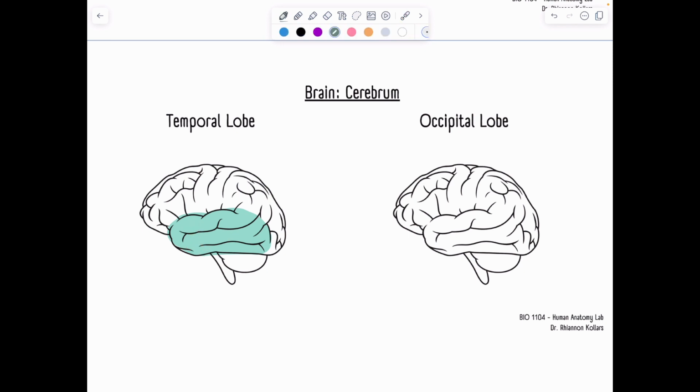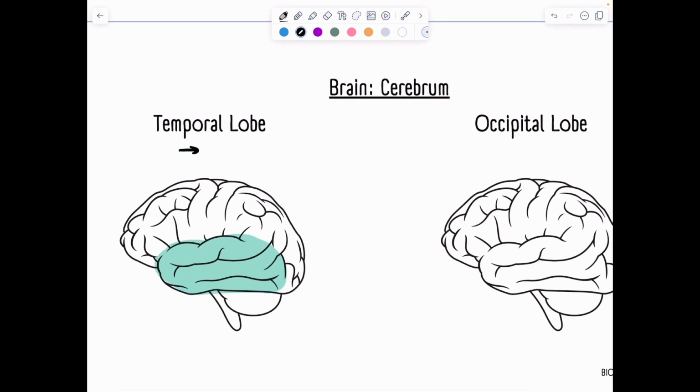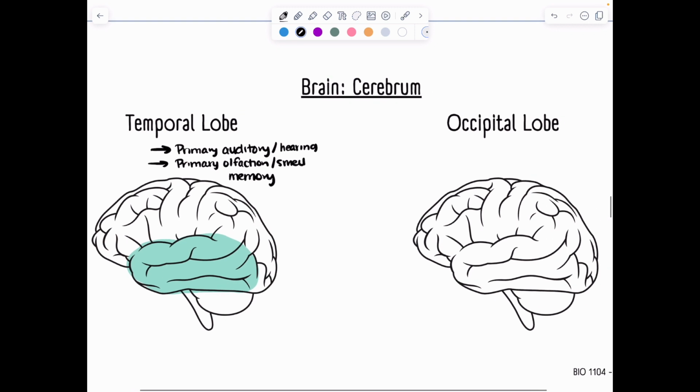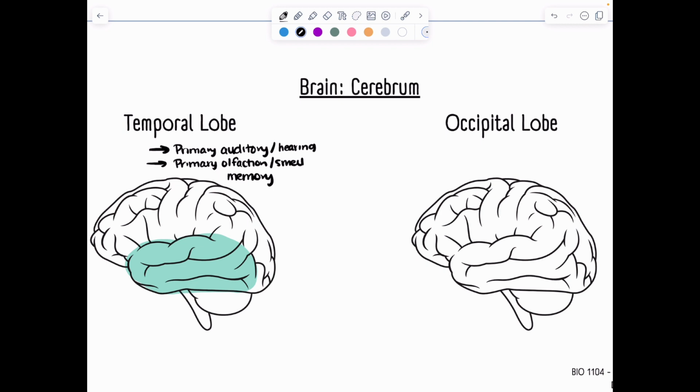The temporal lobe is responsible for our primary auditory, auditory meaning hearing, and our primary olfaction. Olfaction is our smell. And this is also where we have memory. So hearing, smell, and memory. Also music, right? Hearing, music, all of that is kind of in this area.